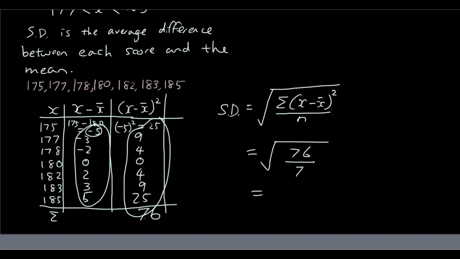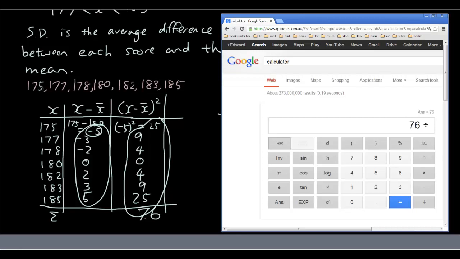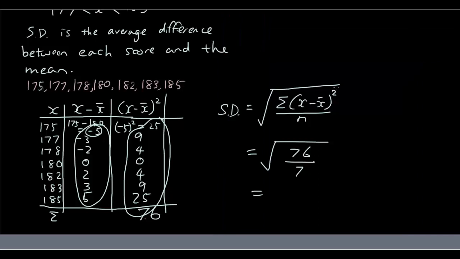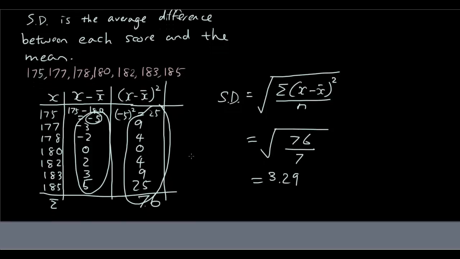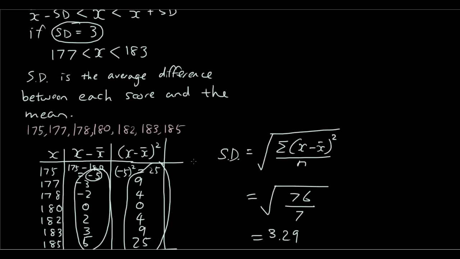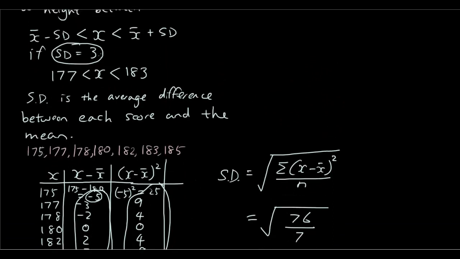So in the calculator, 76 divided by 7 and square root that, square root of 76 over 7, 3.29. Which was very close to what we guessed initially. So if you have a look, what we're going to do now is change the standard deviation to 3.29 and adjust our range.